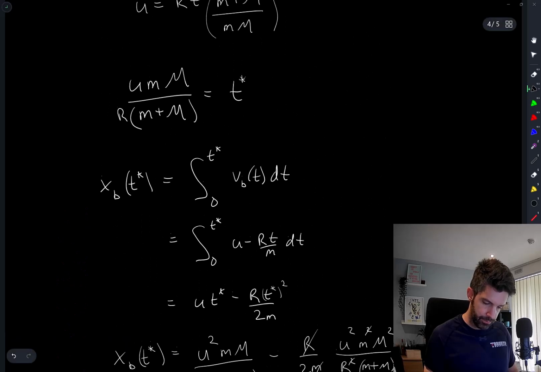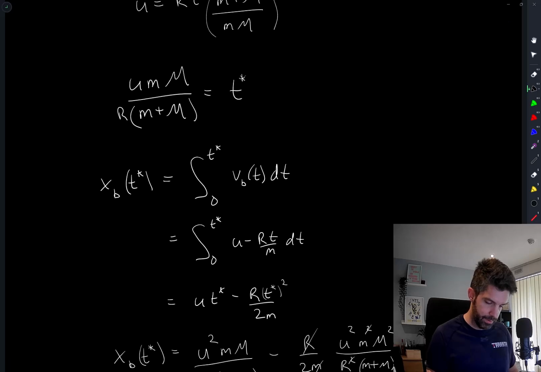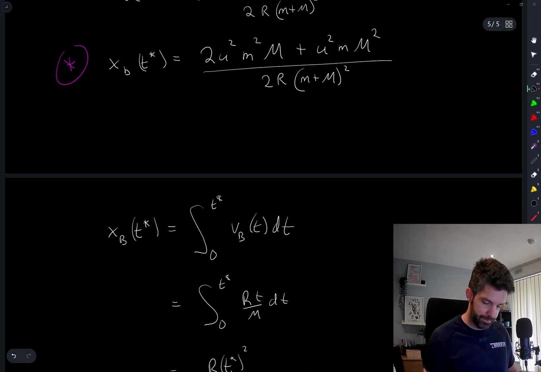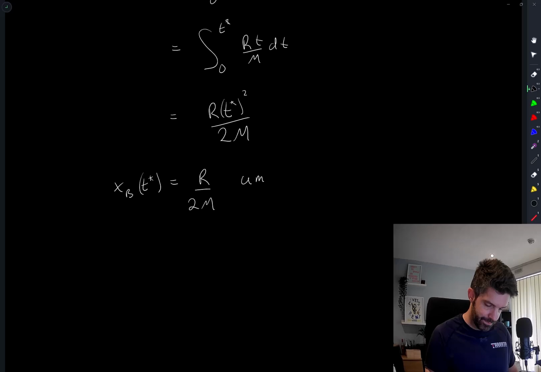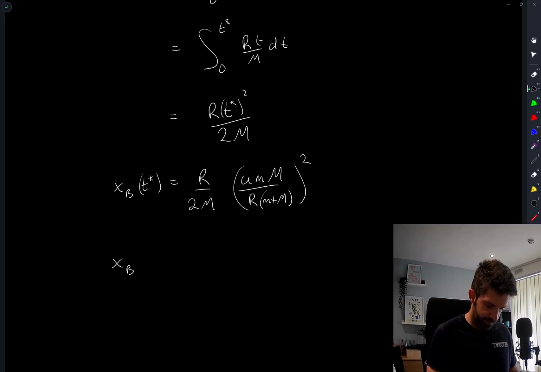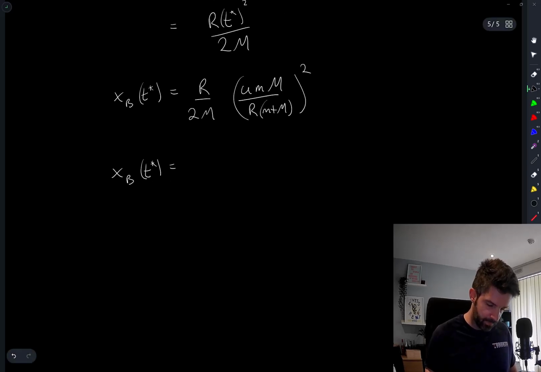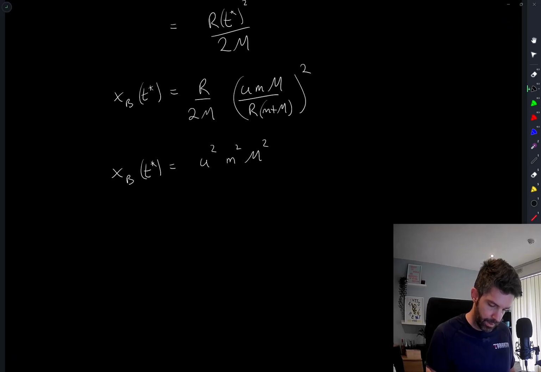T star is that over R times m plus M. Okay, so we've got u squared, little m squared, capital M squared, R over 2 capital M R squared times m plus capital M squared.